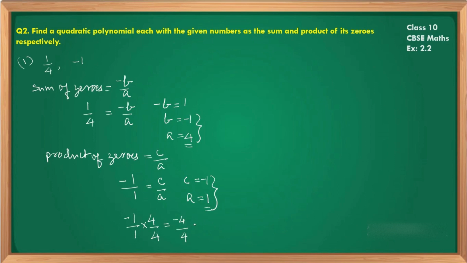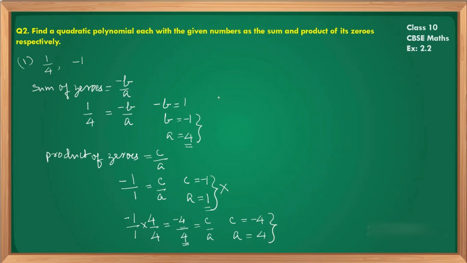That means which is equal to c by a. Now the value of c is equal to minus 4 and the value of a is 4. See, this is a and this is c. Now the earlier value is invalid. Now you have to take these two values.